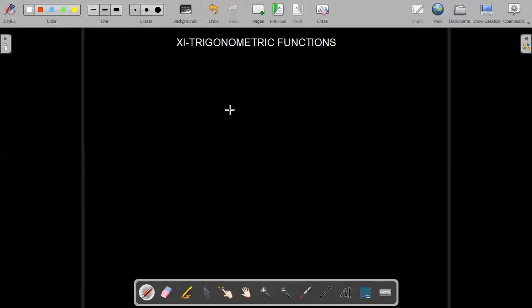Before trigonometric functions, we should know about the angle. So angle, I will explain it.